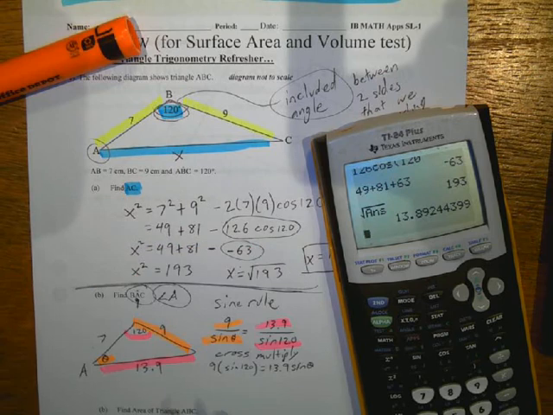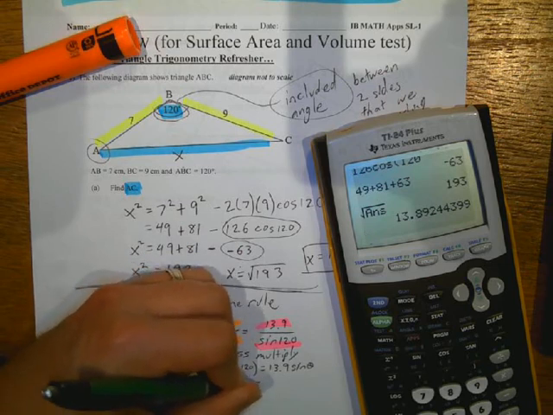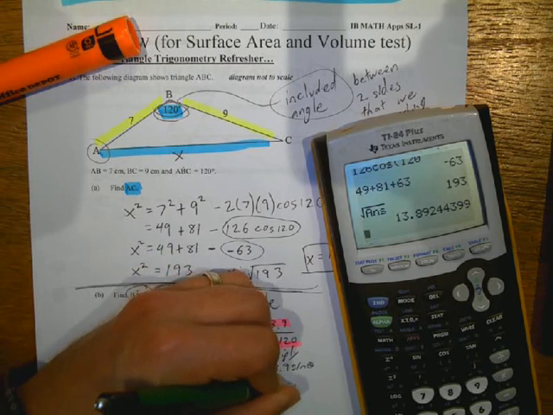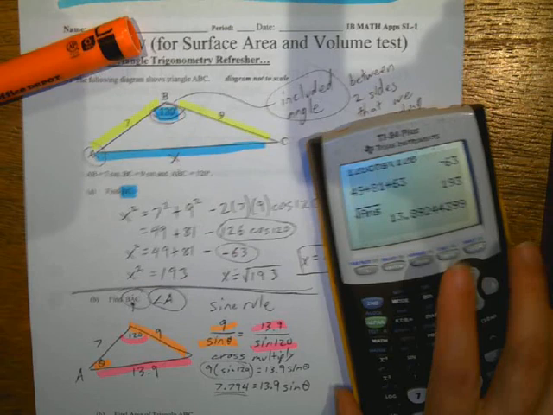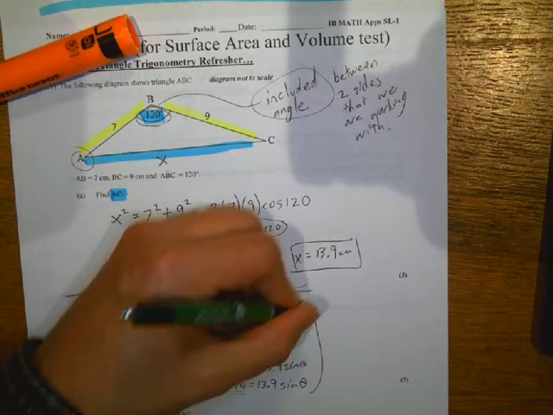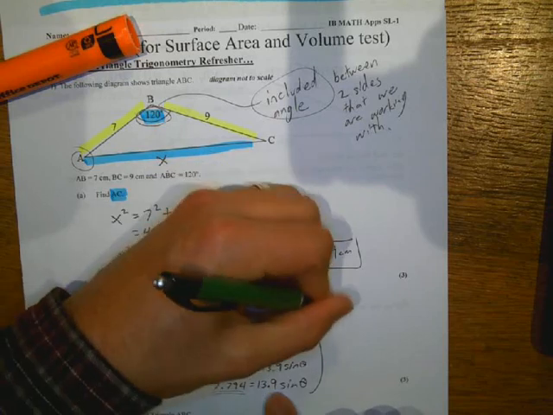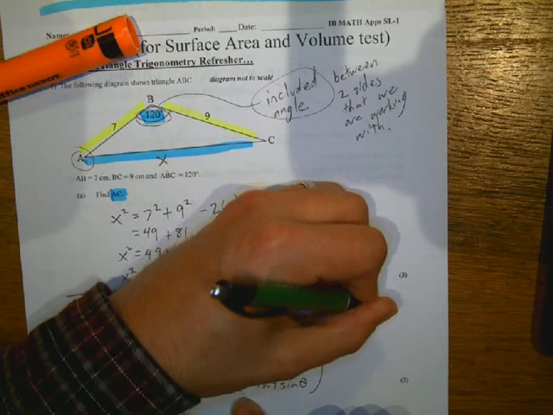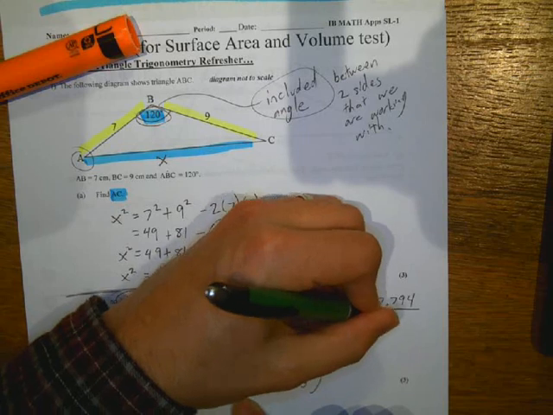Okay, and 9 times sine 120, in my calculator I get 7.794 equals 13.9 sine theta, because this right here is equal to this. Okay, and then I can divide both sides by 13.9, and then I get sine theta equals 7.794 divided by 13.9.